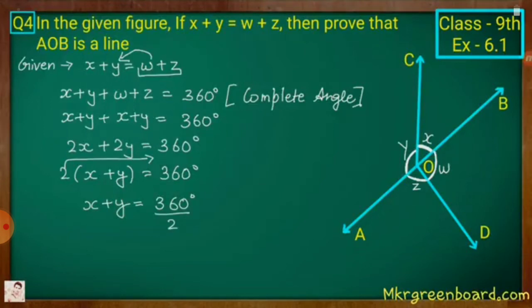Therefore, x plus y equals 180. Do the cancel, we will get 180. x plus y equals 180.